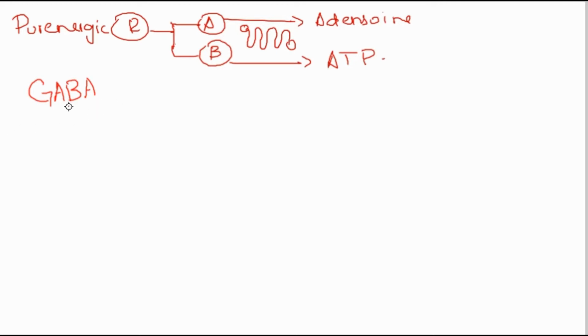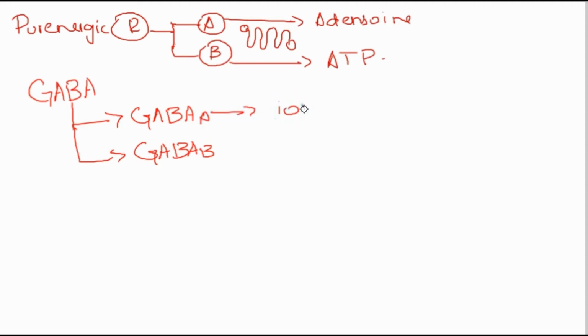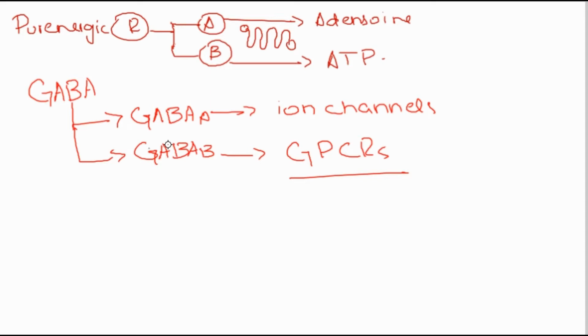GABA receptors are of two types, GABA A and GABA B. GABA A are basically ligand-gated ion channels, while GABA B are G protein coupled receptors. They both act through the inhibition of the next neuron, so they both have an inhibitory effect.